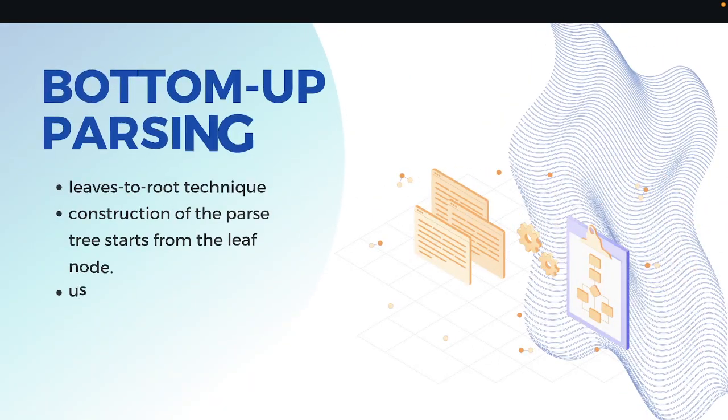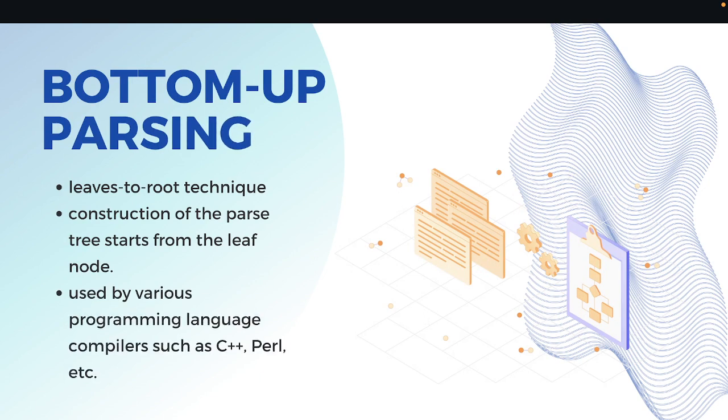Next, as we discussed what top-down parsing is, we'll go on to bottom-up parsing. The bottom-up parsing approach follows the leaves-to-root technique. In the bottom-up parsing approach, the parse tree is constructed from the leaf nodes themselves. First the leaf nodes get formed, and then generation goes on to the parent nodes, and finally it generates the root node.